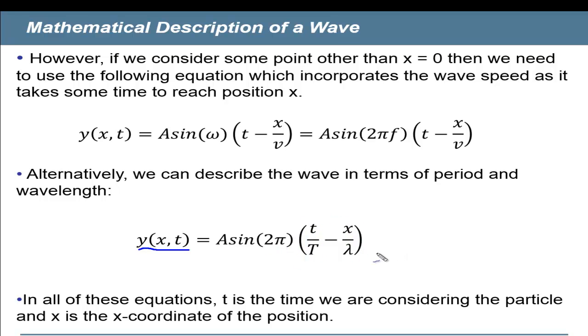This gives us the y position in terms of the period and the wavelength. In all of these equations, t is the time that we're considering the particle, and x is the x coordinate of the position.